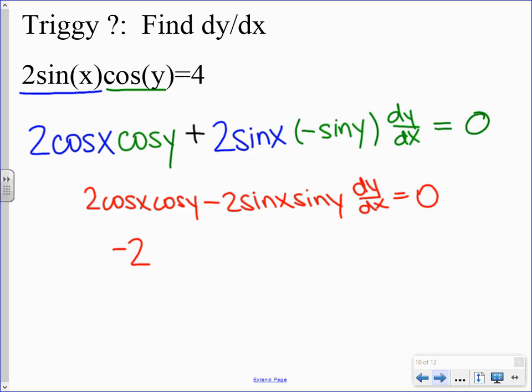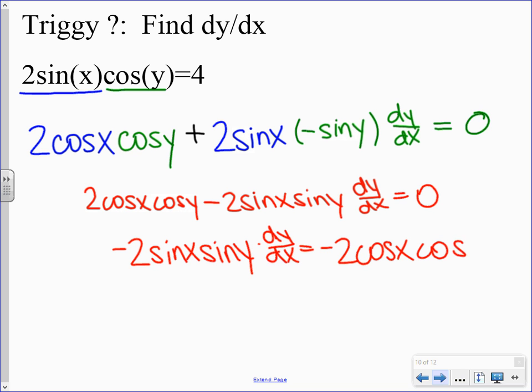So we have negative 2 sine x sine y dy/dx equals, we subtract it over, minus 2 cosine x cosine y. Then to get dy/dx by itself, what do you say? Divide.